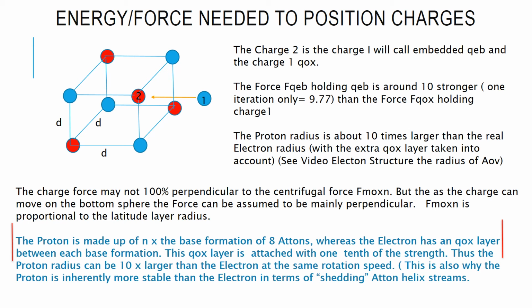So this already gives you an indication for the explanation why the proton can be larger than the electron, because the proton is formidably made out of the base formation, and the electron always has this QOX layer between the formations, the base formation of the 8 attons.